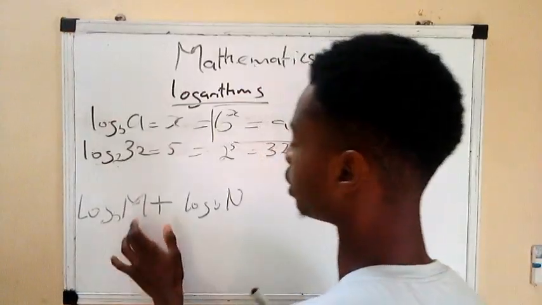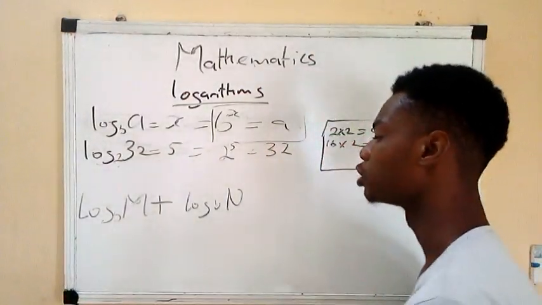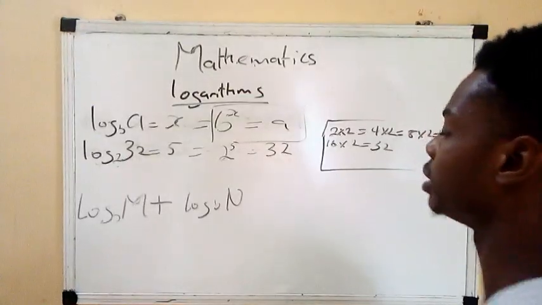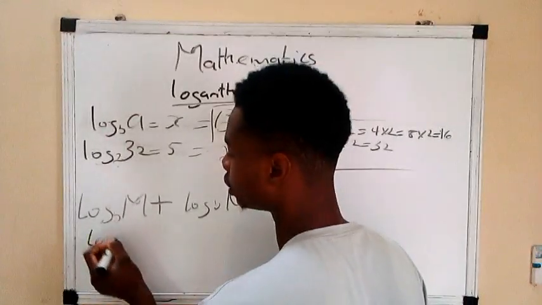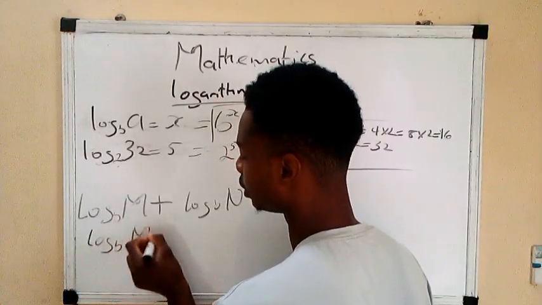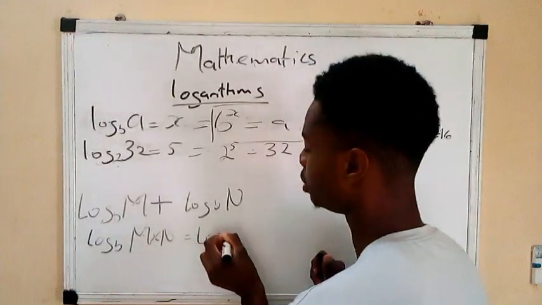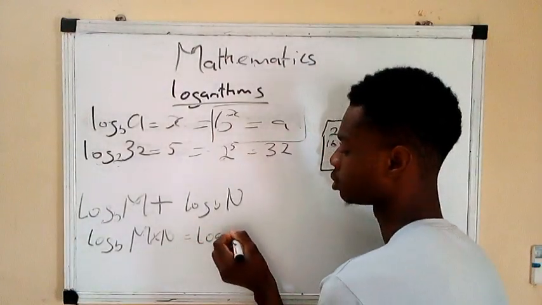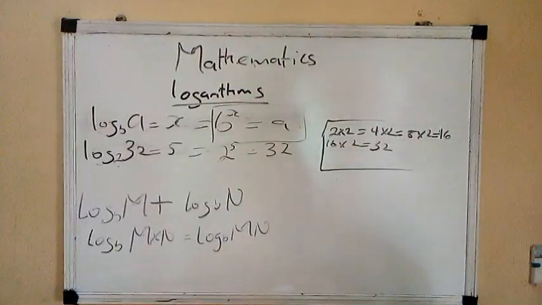I have log m base b plus log n base b. It's the same thing as saying log, take one base b, that is the base, times m times n. Are you following me here now?